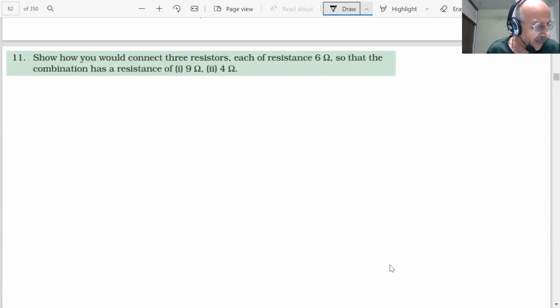Question number 11 of the NCERT book, student, is on the screen. You have 2 minutes to answer the question, students.